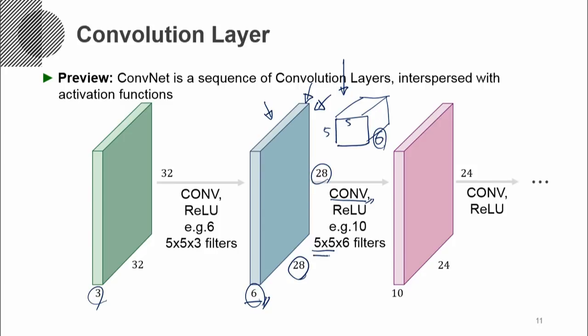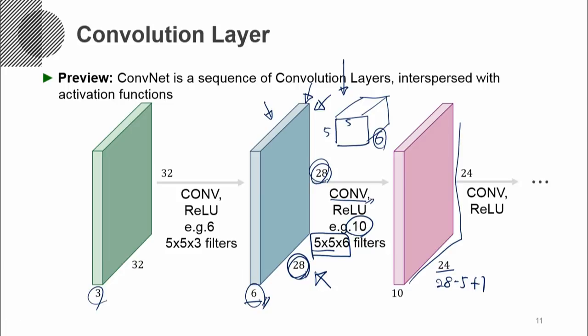Okay, so each filter will have this size, and suppose we define 10 different filters to detect 10 different patterns from this input activation map. Altogether, from the width and height of 28 by 28, the width and height will be reduced to 24, which is 28 minus 5 plus 1, right?